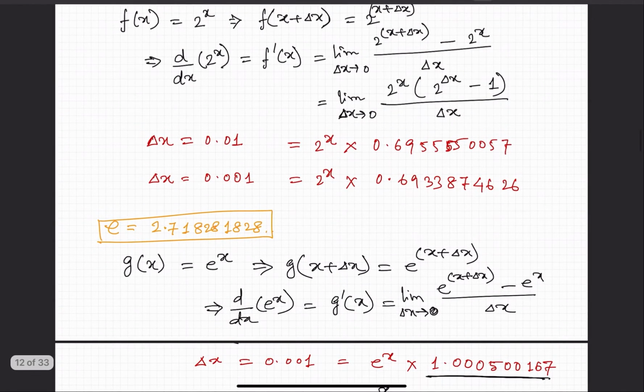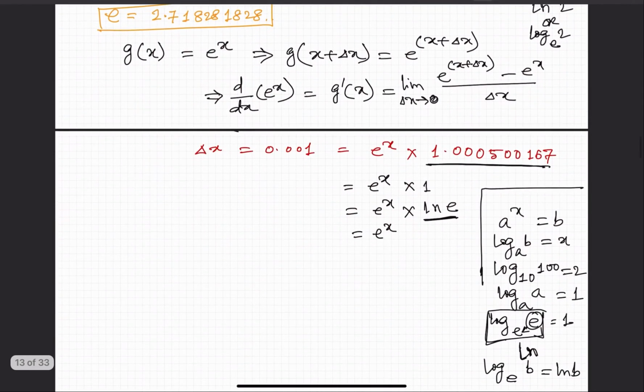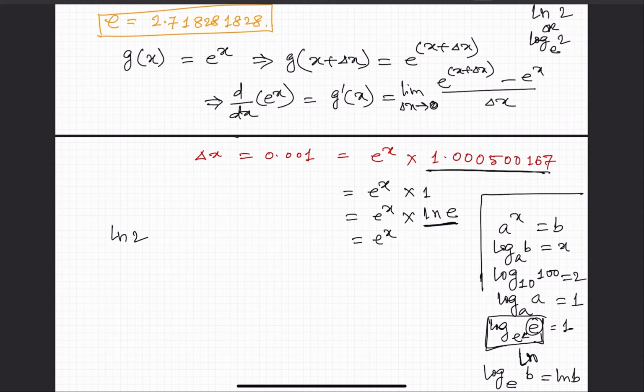Now as we have seen here, what is this value? If we calculate ln 2, or as I said log 2 base e, in our calculator, ln 2 would give a value of 0.6931471806.